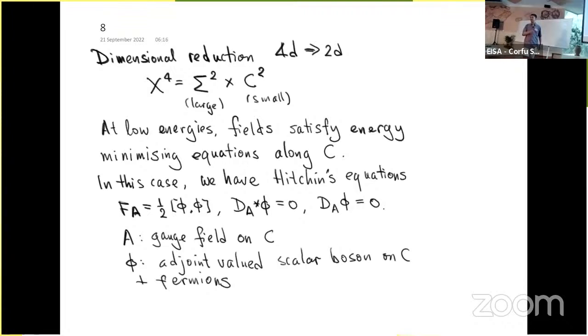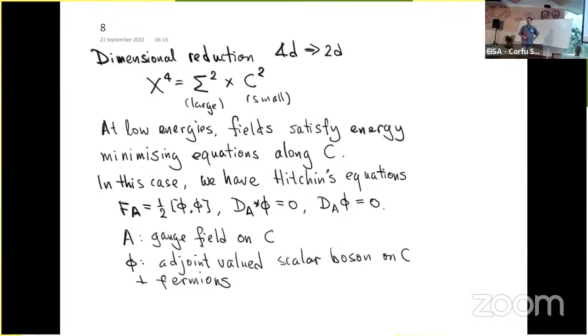Although I didn't write down the Lagrangian of the 4-dimensional theory, it turns out that the equations along the 2-dimensions to minimize the energy are exactly these Hitchin equations, where A is a gauge field on C, and phi is an adjoint bosonic matter field on C, and the equations to minimize the energy along C are these, where F_A is the field strength of A, and d_A is the covariant derivative.